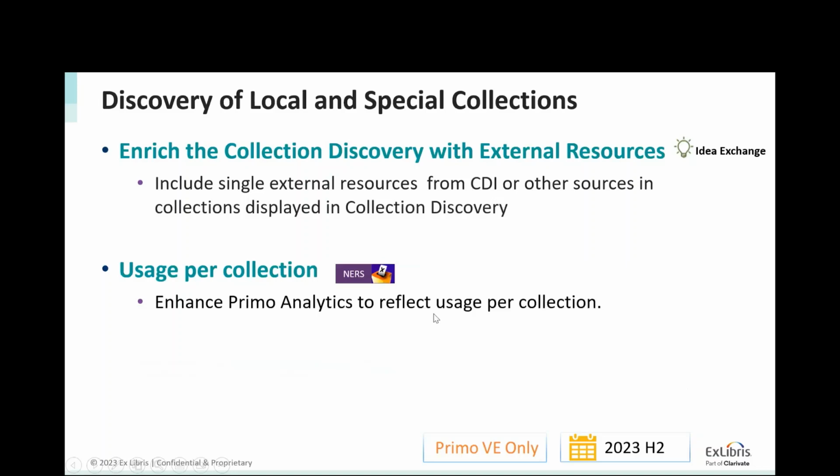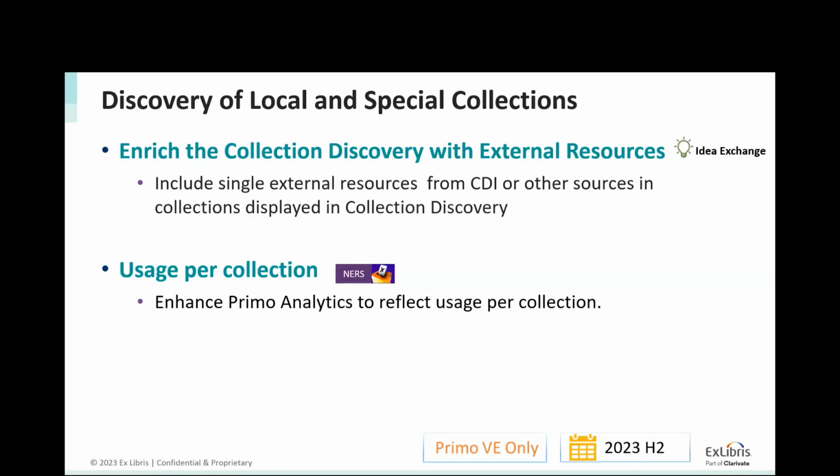More on the area of your special collection. Coming from the idea, we would like to open the collection discovery to include additional external resources. So we hear your need when there is a collection curator that includes items to the collection from your local ALMA repository.